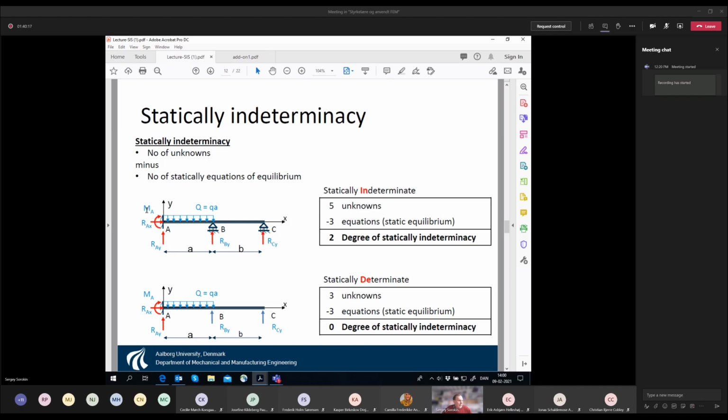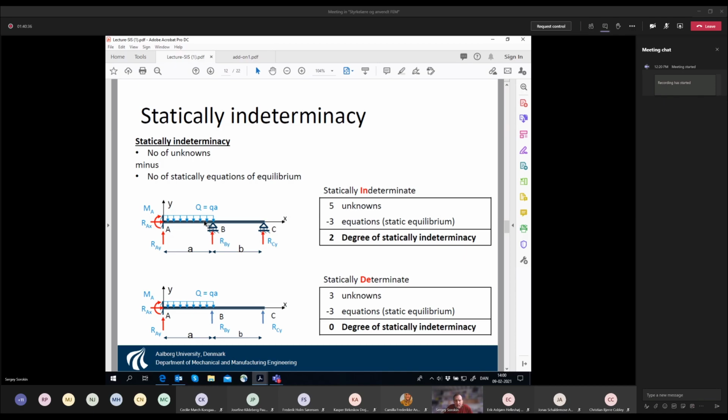You can take MA and RB, this pair. Then you say that displacement here must be zero and rotation here must be zero. But again, this is something which comes with intuition.